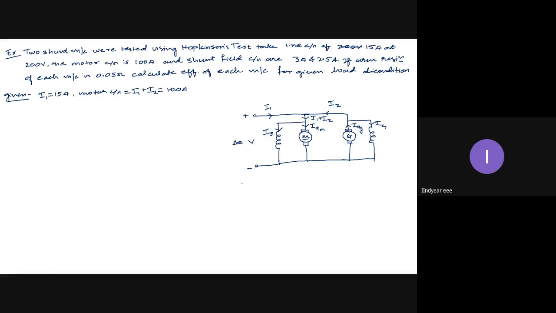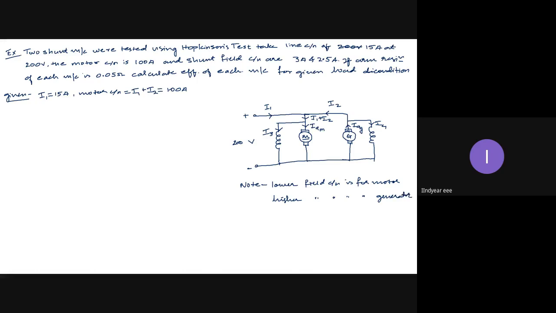Here you take a note, because most of the times the field currents are mentioned like this only. Note: lower field current is for motor, higher field current is for generator.